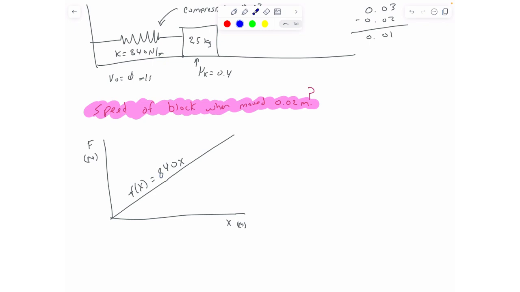That's the force at, for example, 1 meter. So if this were 1 meter, you would say 1, which is x, 1 times 840, which is 840. If it's 2, then 2 times 840. So then that's your force. Okay? All right, so we have this function here, and there's no y-intercept. You could say plus 0 if you wanted to, just to be pedantic about it, just to show that there is no y-intercept in this ideal spring.